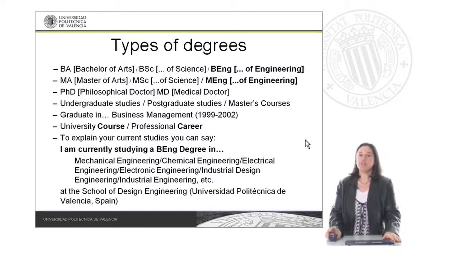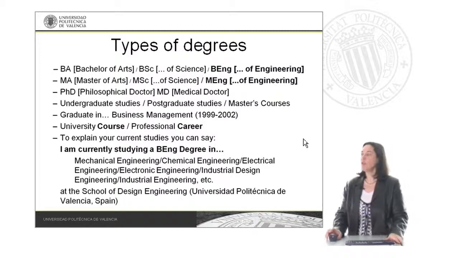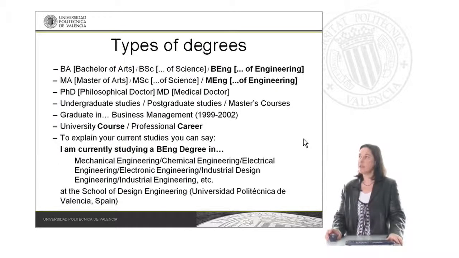Now, it's sometimes difficult to find the correct equivalence for a degree in different countries. This is a model here that I've taken from the British higher education system, and it's more or less equivalent to the system that we have here. For example, there are several levels. The first level would be a BA.